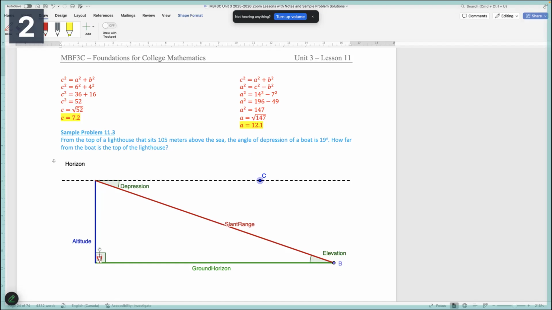And the hypotenuse, let's call that C, because we usually label the parts A, B, and then C. Let's draw in there. That's where the C comes from here.